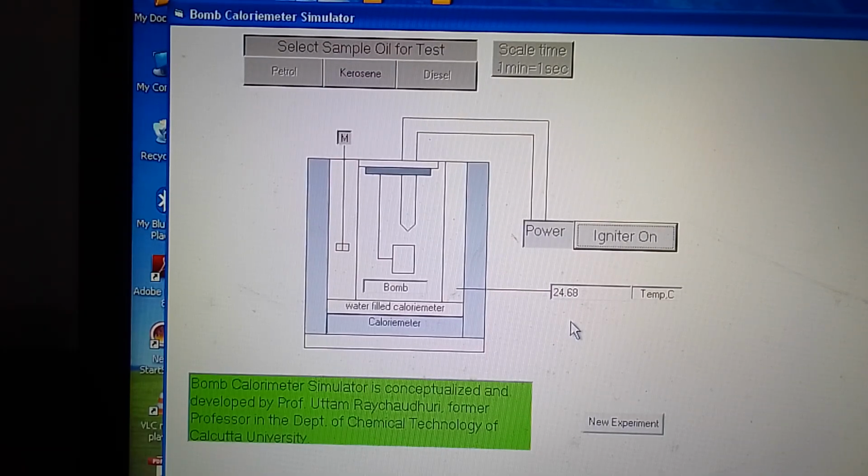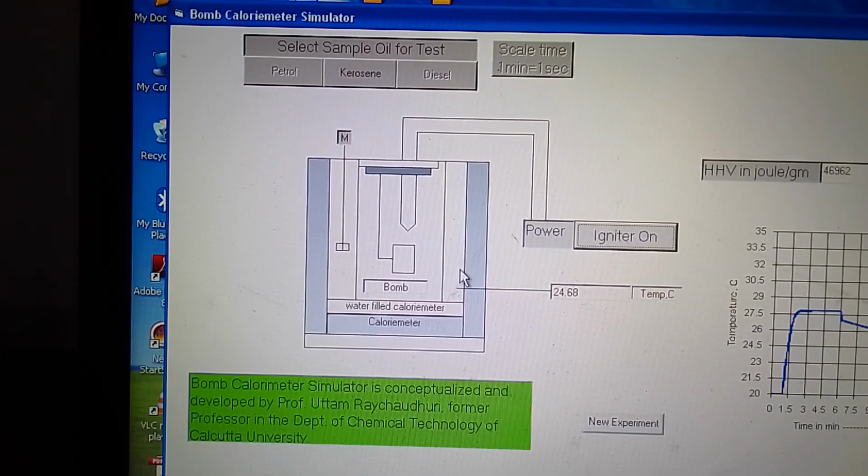Then as soon as the combustion is complete and cooling is taking place, as heat is transferred to water in the calorimeter, you will note down this temperature versus time curve, which peaks around 28 or so.